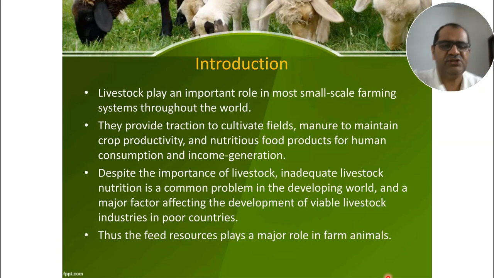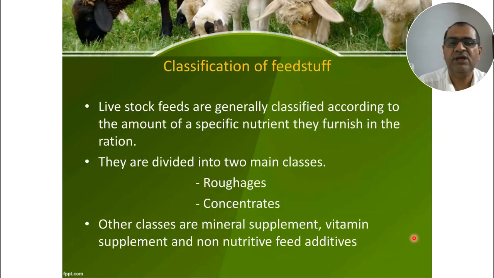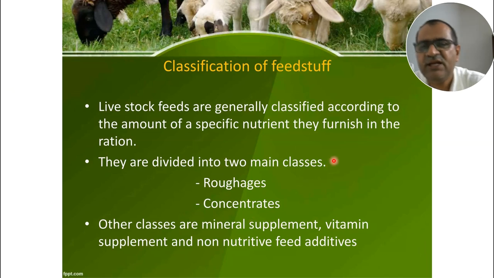So this is the basis on which all these cattle or livestock need to be provided with foodstuffs. As I have already explained, the foodstuff needs to be given in the form of roughages and also concentrates.